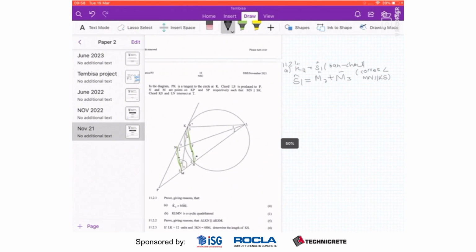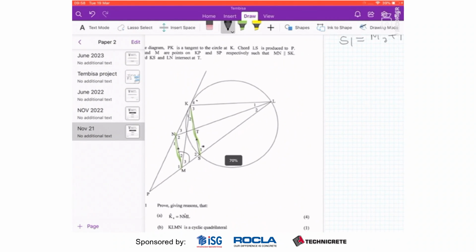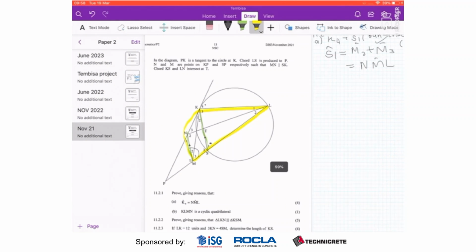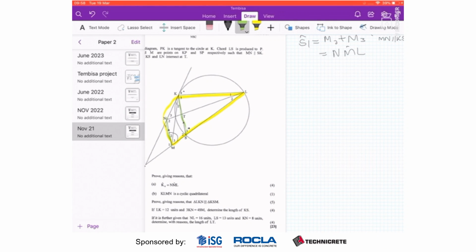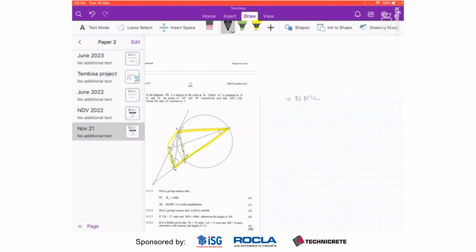Then it says prove that KLMN is a cyclic quad. So it's KLMN. Well, I just proved K4 is equal to M2 plus M3, which means that it's an exterior angle of a cyclic quad. So we have already proved that. Let's just write it down.